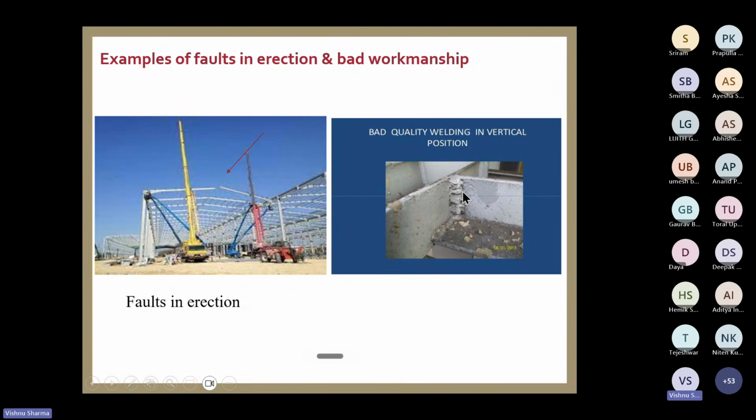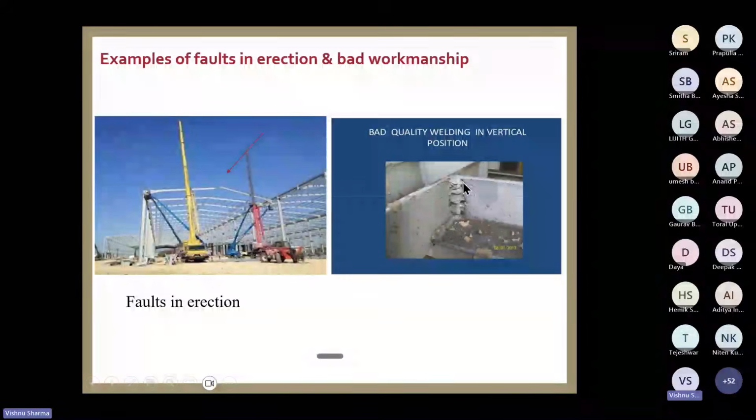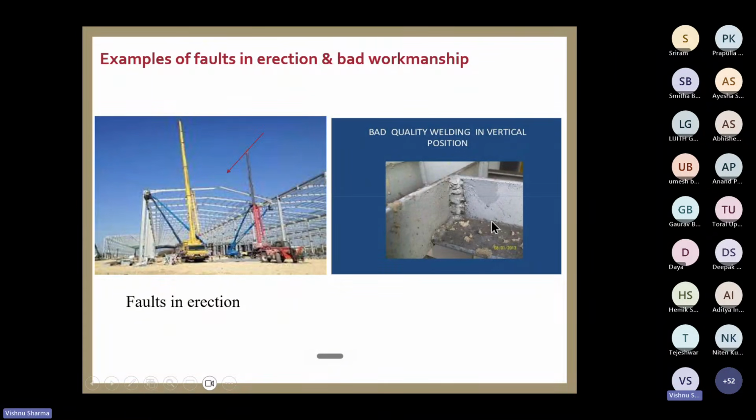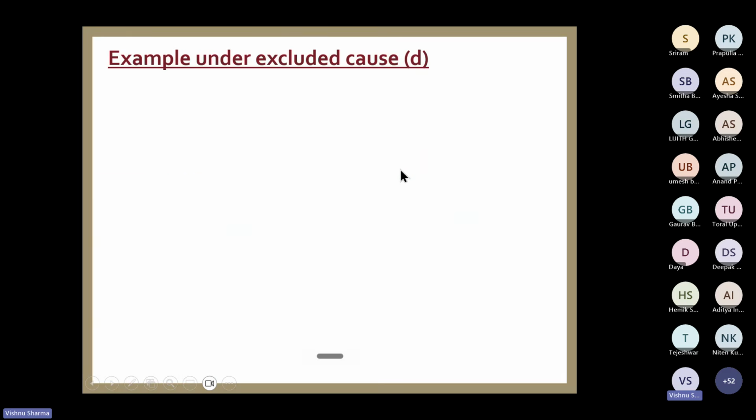So that rectification cost of this bad workmanship, badly executed work, is not paid under the policy. Bad or poor workmanship. So I think these two examples would explain this exclusion very correctly.